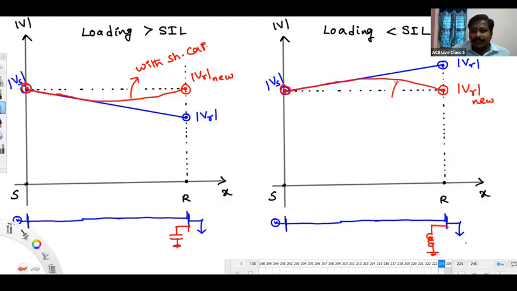So this is with the shunt reactor. So like this, we are going to get the change in the voltage profiles after keeping the shunt capacitor bank, as well as after keeping the shunt reactor bank.